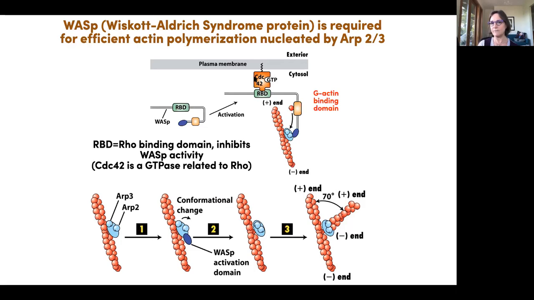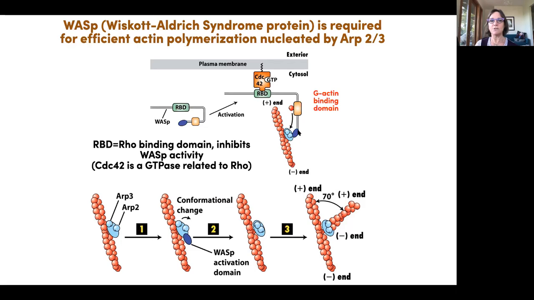So we've learned about a variety of different G proteins or small GTPases, some of which are attached to the plasma membrane of cells. So this is one of them. We haven't talked about this particular one, but it's part of a family of GTPases related to Rho and RAC, and this one's CDC42. And so in this diagram, what it's showing is that in the presence of active CDC42, so the GTP-bound form of this G protein, this RBD domain will bind to CDC42, and that will relieve the inhibition of the rest of this WASP protein.